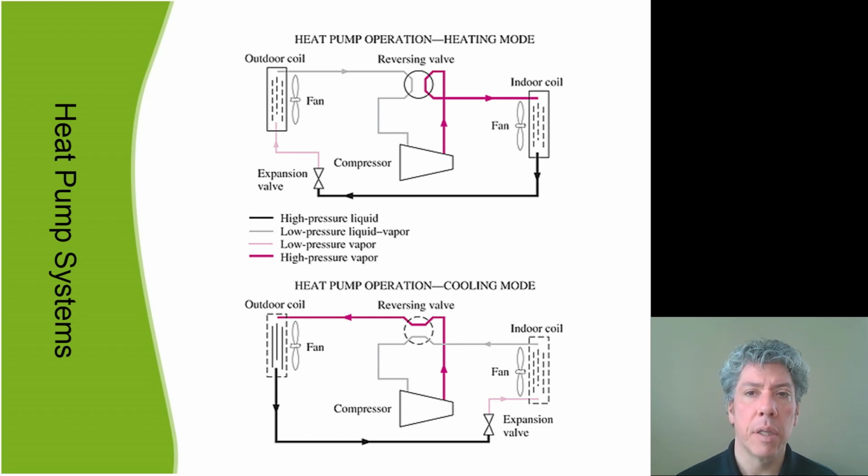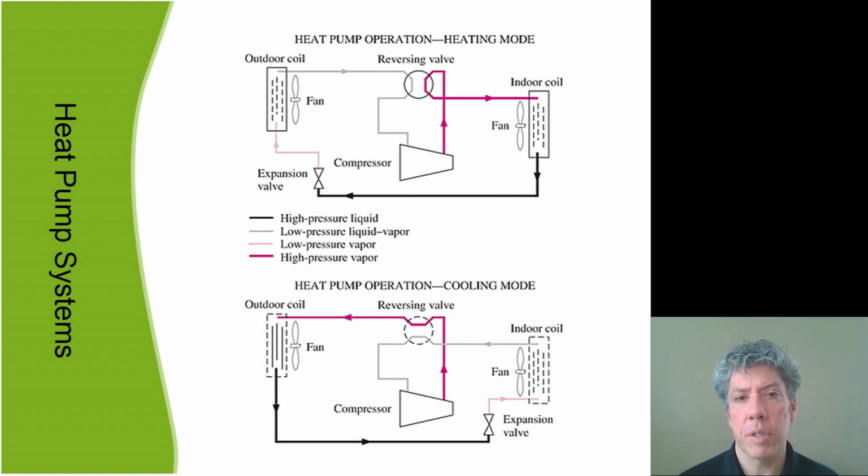The indoor coil entrance temperature of refrigerant can be 120, 130 degrees, and it has to go down to the saturated vapor state before the refrigerant can start to liquefy out and condense out and form liquid to exit the indoor coil. Now at this point the indoor coil would be known as the condenser, because that's what's happening in it. The refrigerant is condensing out.